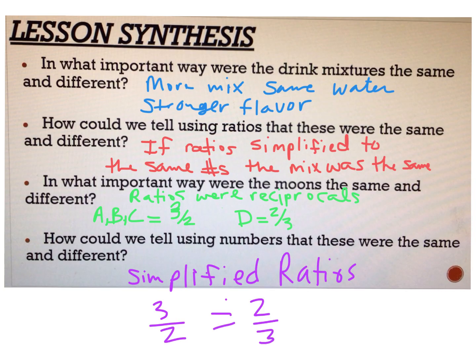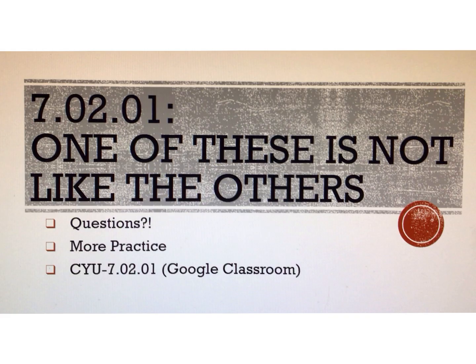Since these are not equal, they were not all the same. They were not equivalent. And that's it for your notes on one of these is not like the others. Make sure you bring questions to class where we're going to do more practice and then do some check your understanding.